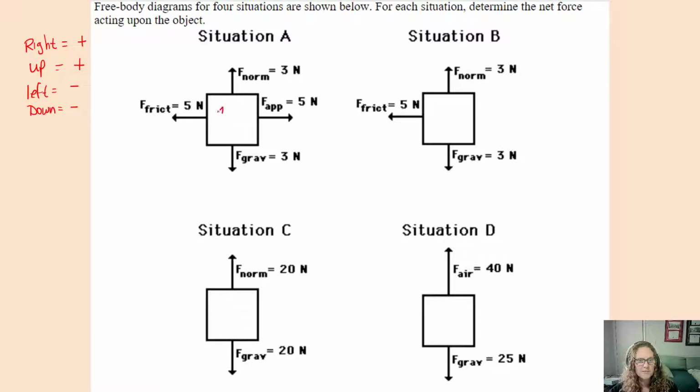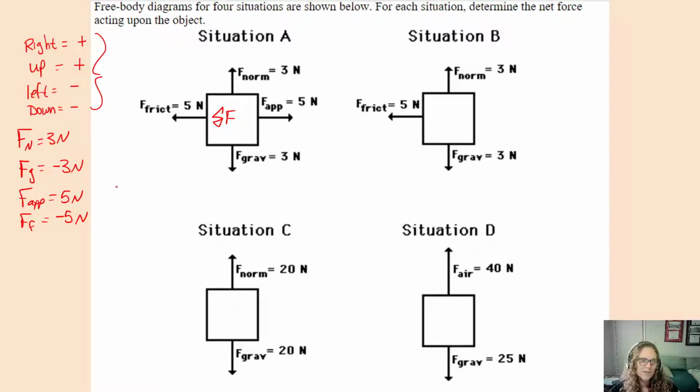So when we're looking at the sum of all these forces, we got to add all of these up. So we have the force normal, which is the up one, is 3 newtons. We have the force of gravity, which is a negative 3 newtons because it's going down. We have the applied force, which is 5 newtons. And we have the force of friction, which is negative 5 newtons because of our directions up here.